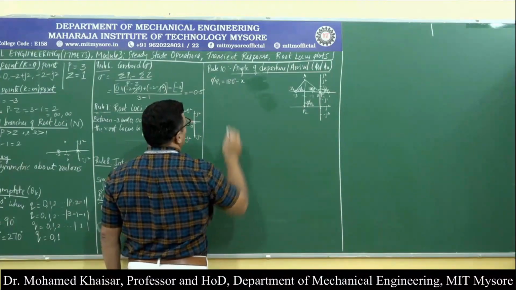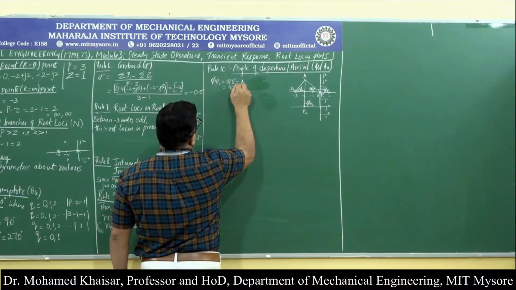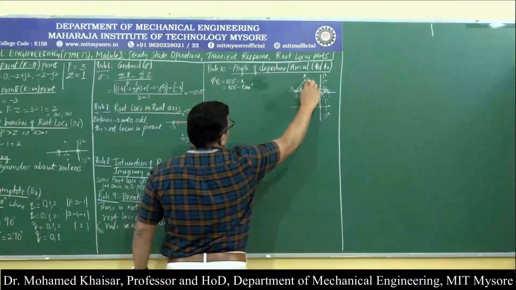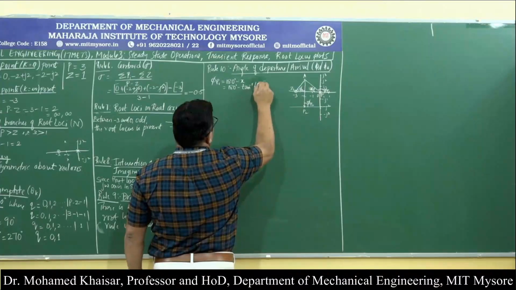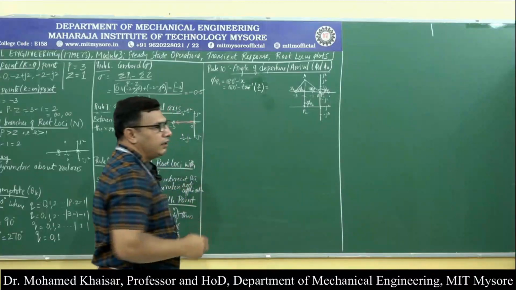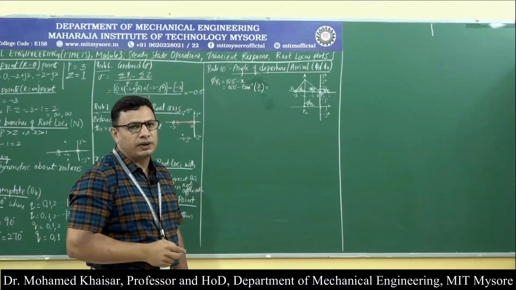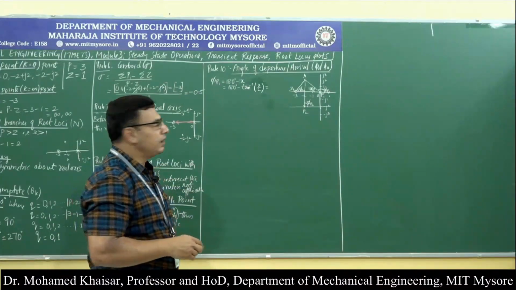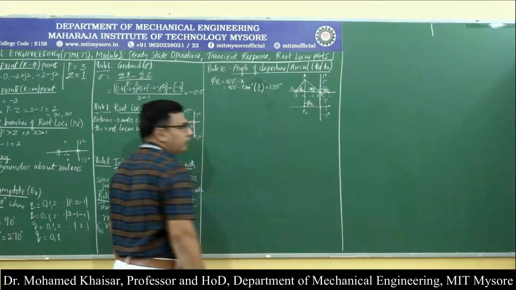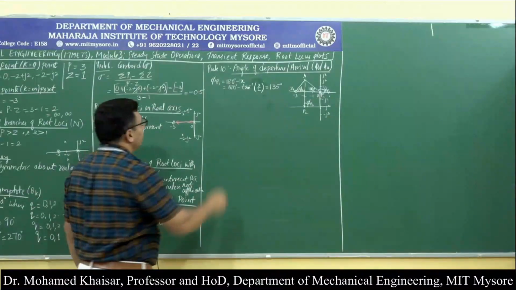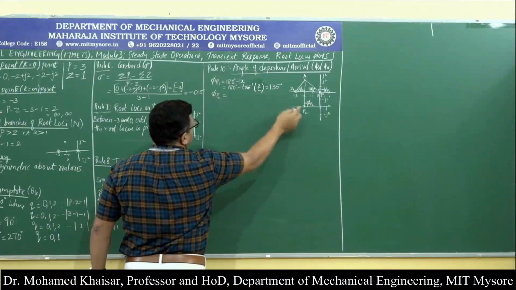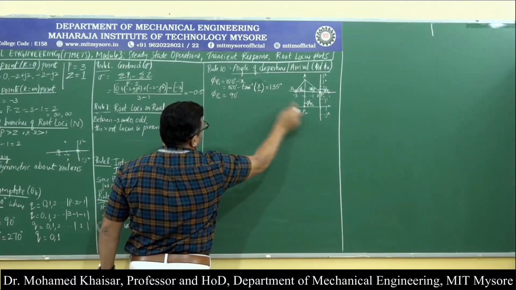Then what is that x? x is given by tan inverse of opposite side by adjacent side, that is 2 by 2, which is tan inverse of 1, which is 45 degrees. So 180 minus 45 degrees gives us 135 degrees. Then Phi P2, as it appears, we can straight away write the angle: it is 90 degrees.